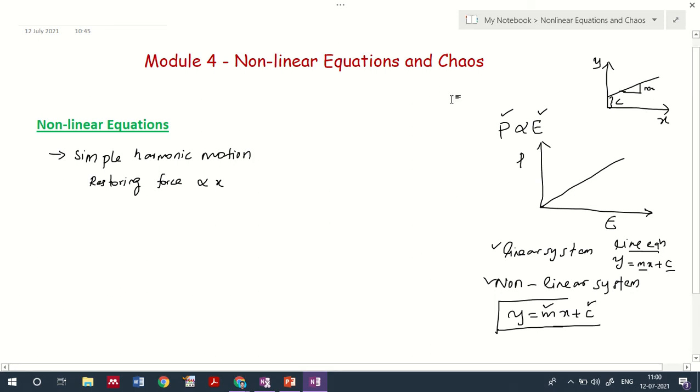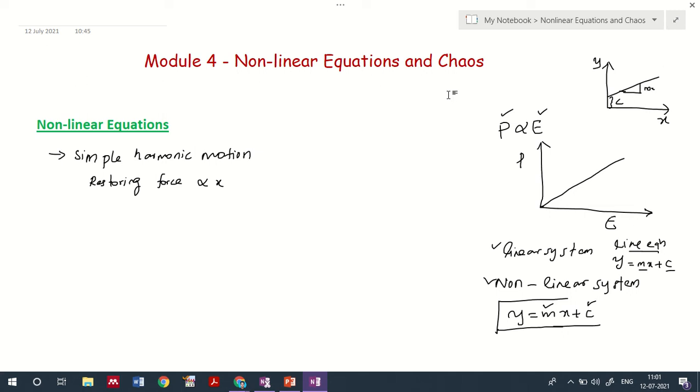I hope you may not be very familiar with chaos, but you may have heard of a chaotic situation. Chaotic means it is difficult to give a proper decision. One of the classic examples of a chaotic system is clouds.